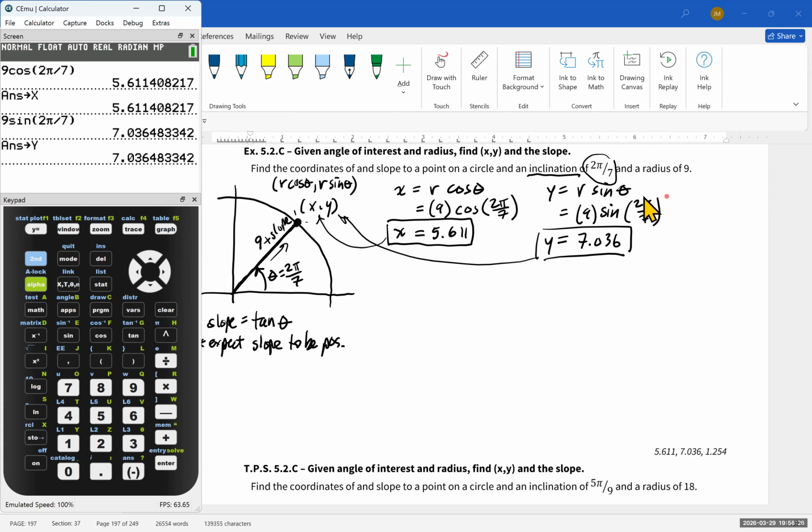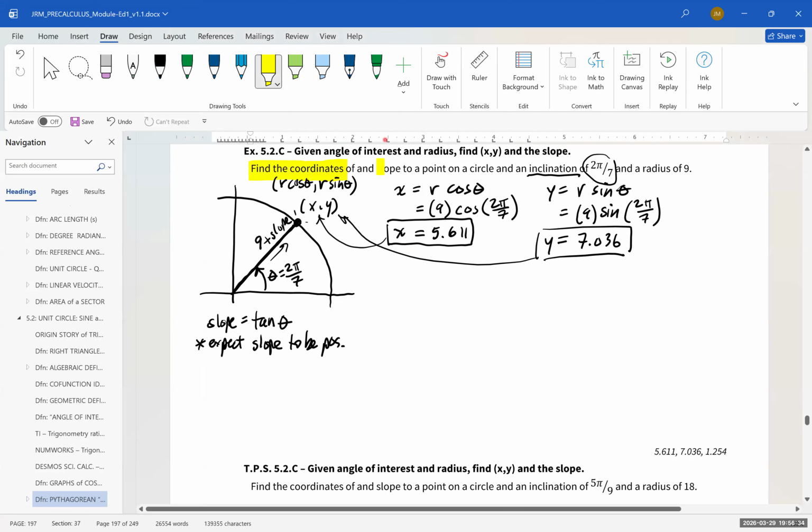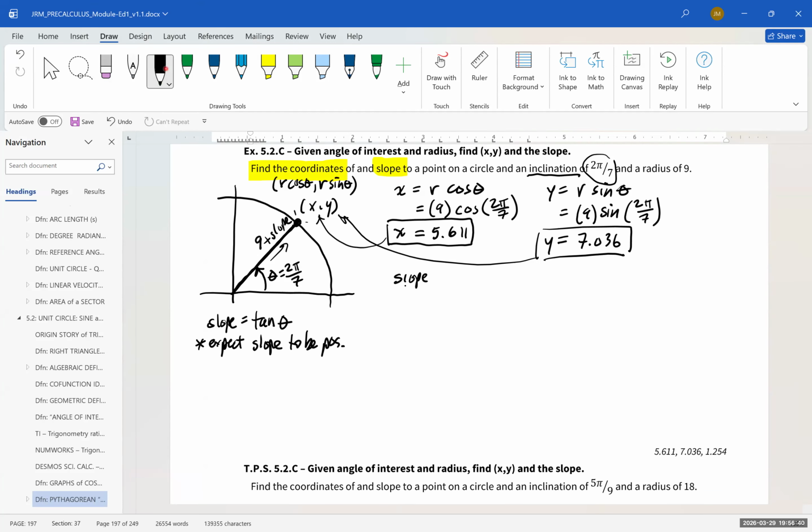Okay, so we've done half of this problem, where we've calculated the coordinates. Now we want the slope. To find the slope, that's going to be tangent of our angle of interest, which is 2 pi over 7.